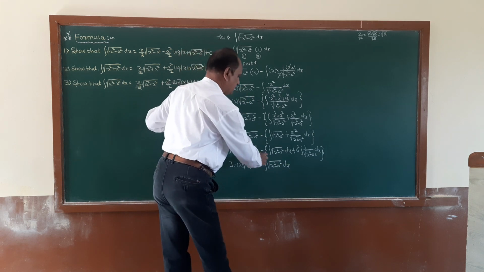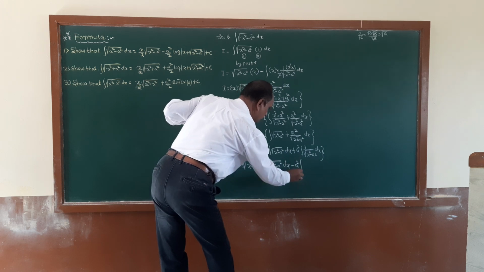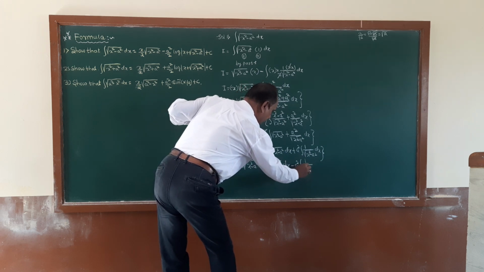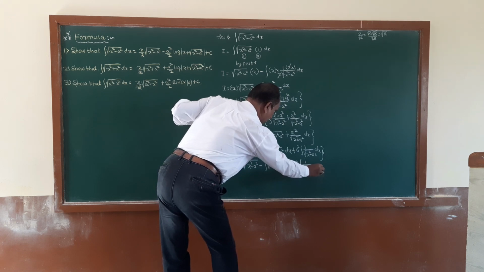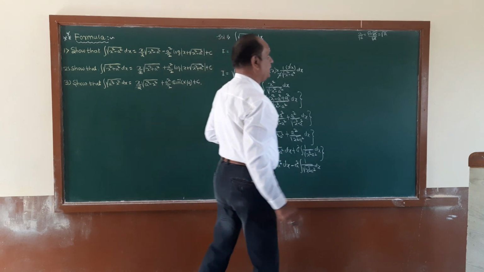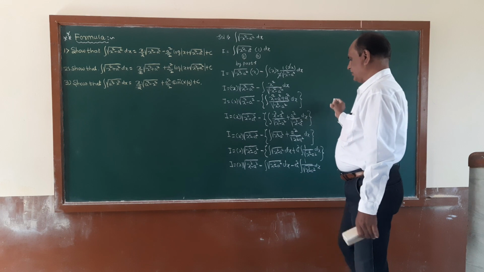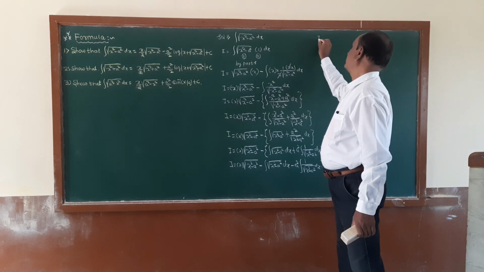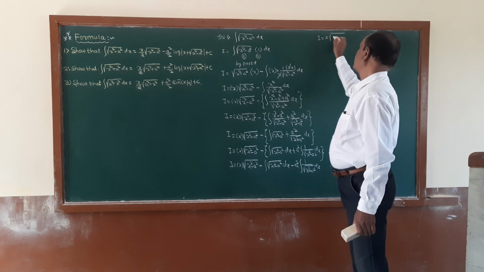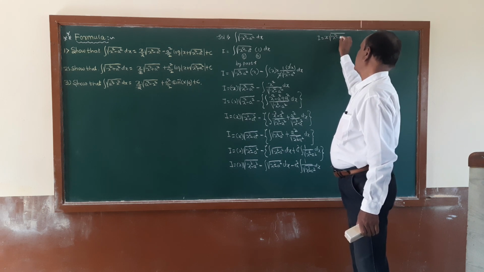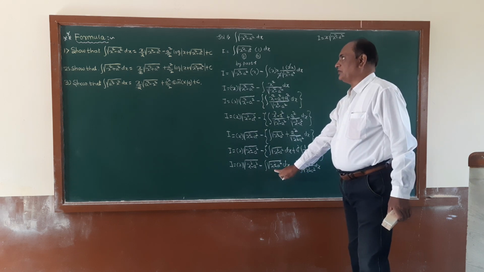So minus multiplied by plus means minus a square into integral of 1 divided by the square root of x square minus a square into dx. Therefore given integral I is equal to x in the bracket the square root of x square minus a square as it is. So this is again the original integral I.